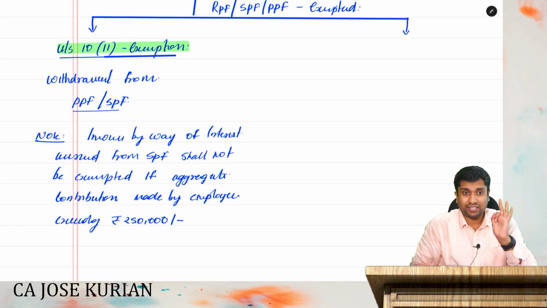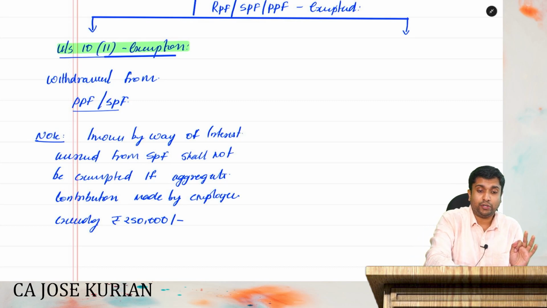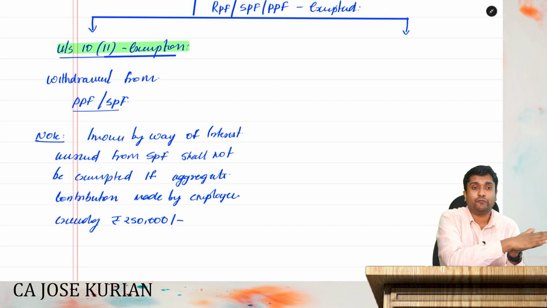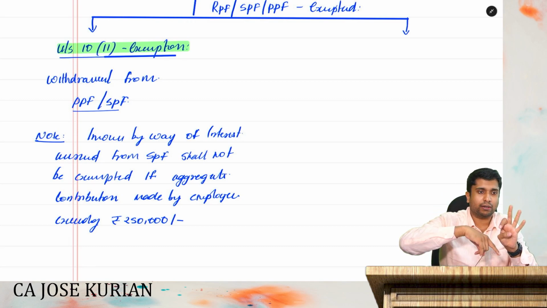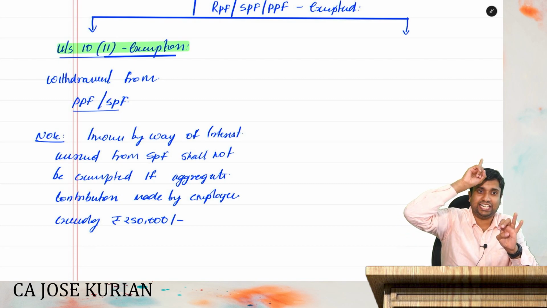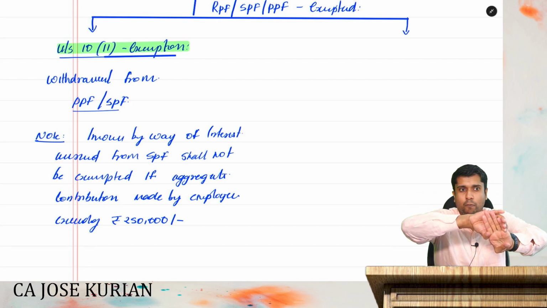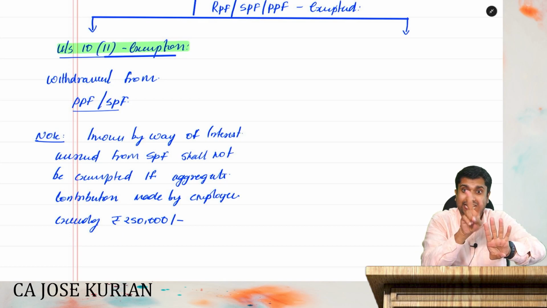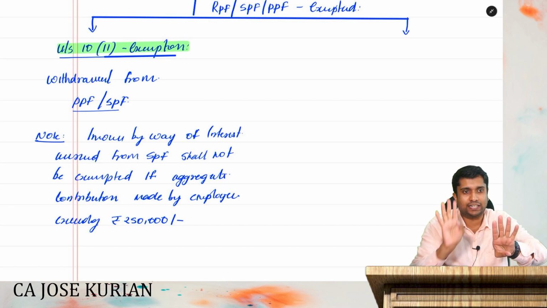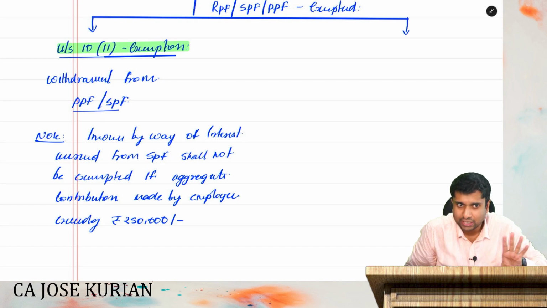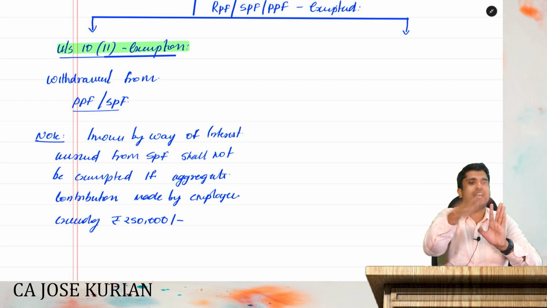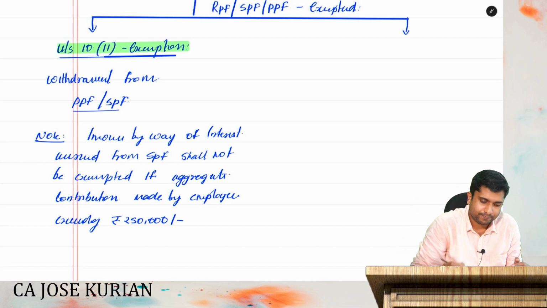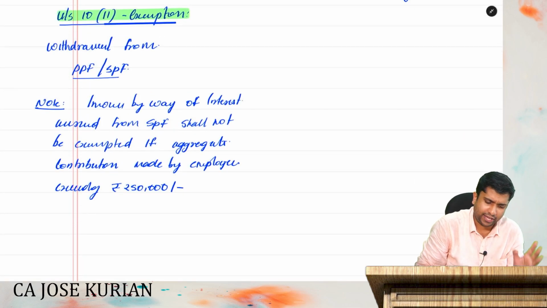Listen. What they are saying is, when you retire and you withdraw an amount from SPF, there will be employer contribution, employee contribution, interest on employer contribution, interest on employee contribution. These are the four components of your lump sum amount in SPF at the time of your retirement. Are you all with me? Out of these four components, three components are fully exempted. Which are the three components?